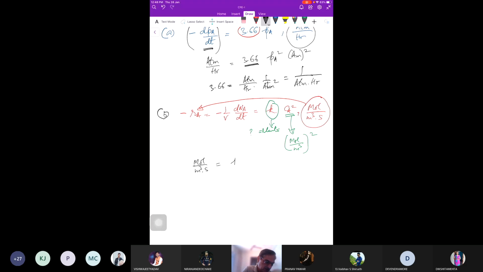We don't know the units of K. CA square is nothing but moles per meter cube whole square, right? So the units of K will be, what you get is meter cube per mole per second, right. Is that correct?